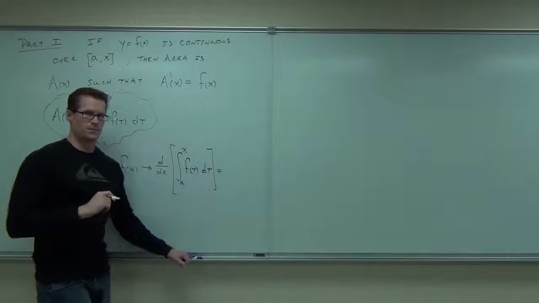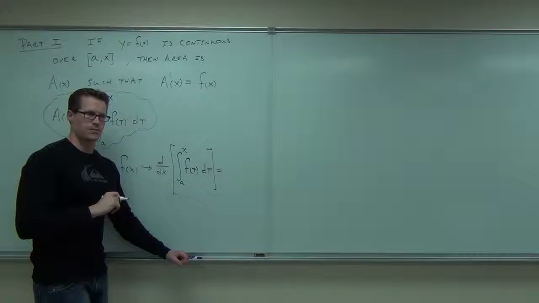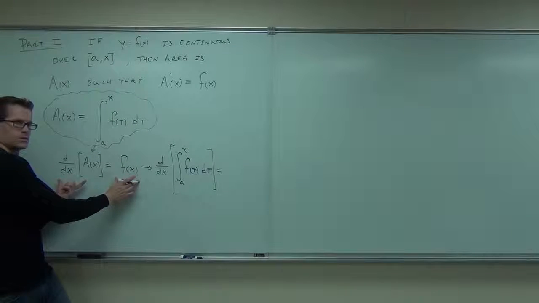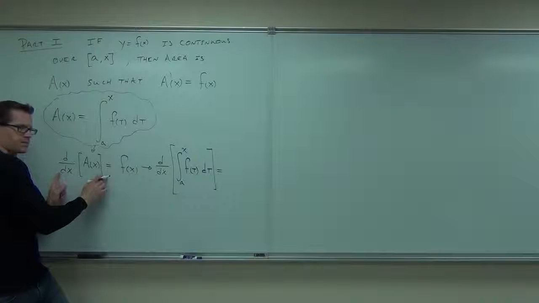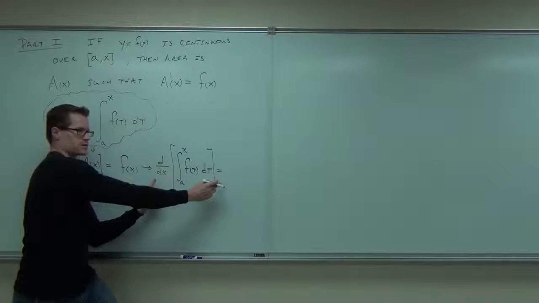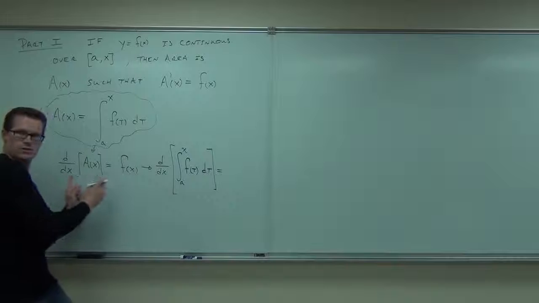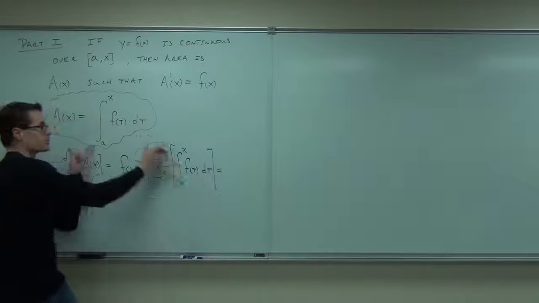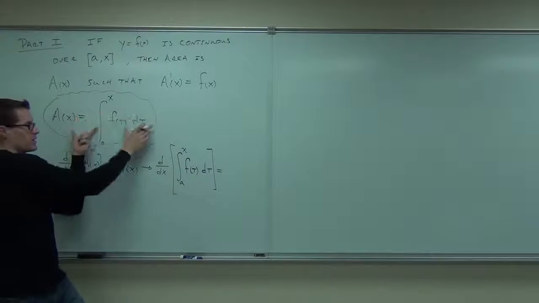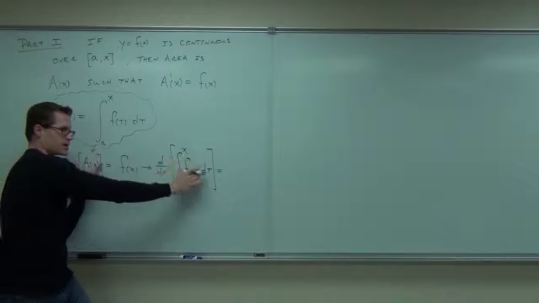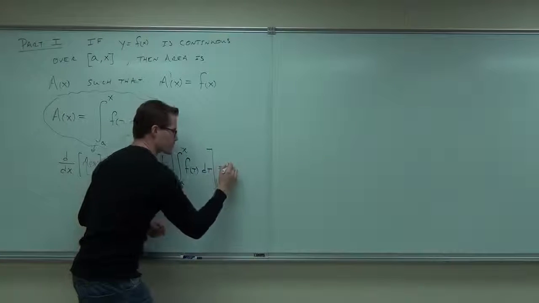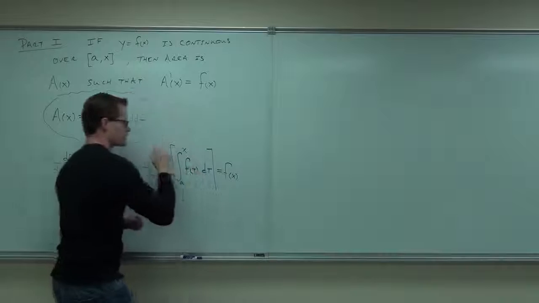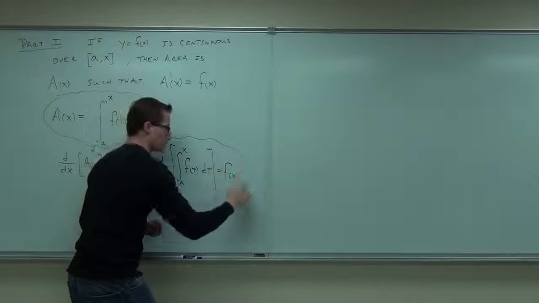What's it have to equal? Are you seeing that this is the same thing as this? Yes or no? This is A of x, so is that, from right here. I made A of x that way. That has to equal f of x as well. This right here is the fundamental theorem of calculus part 1.